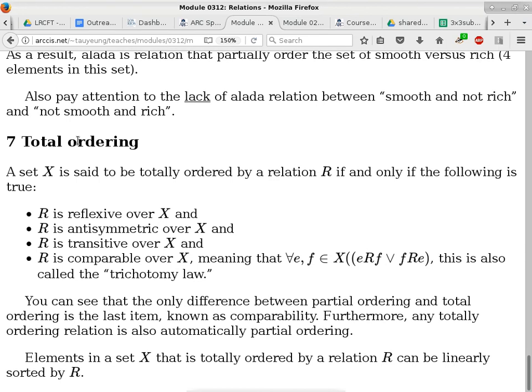It's basically saying for every E and F, if you pick any two things out of X, you have to be able to say E R F or F R E. Now, this is not an exclusive OR, this is a regular OR, which means at least one of these two relations has to exist.